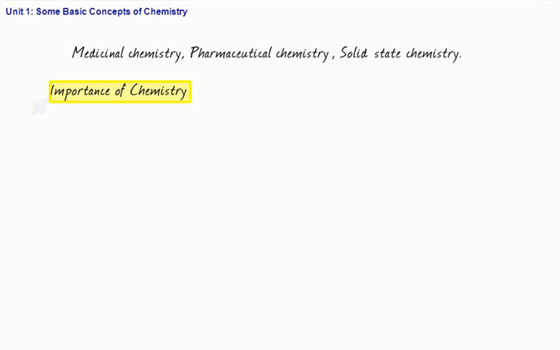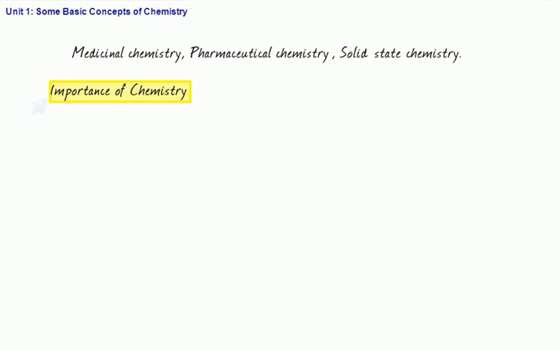Even our emotions, our feelings, hate, anger, everything is controlled by chemical substances only. It is therefore not possible to list the importance of chemistry. However, we can discuss the applications of chemistry in some fields.